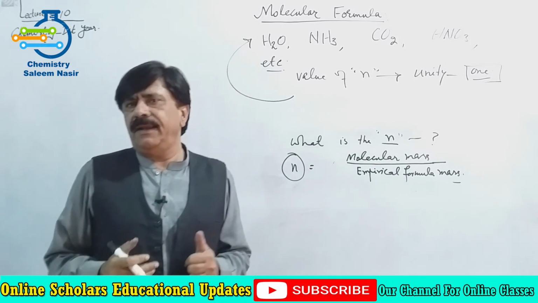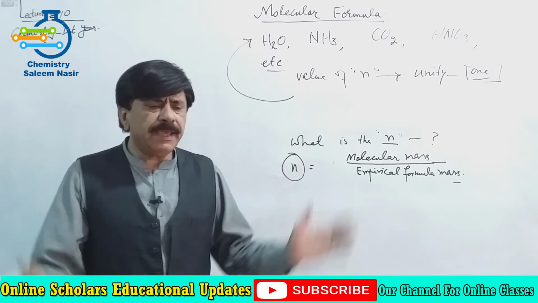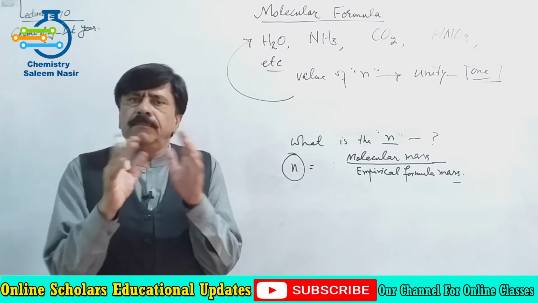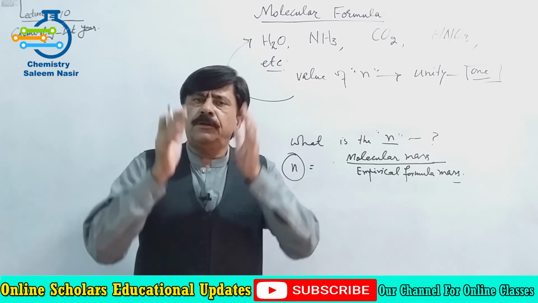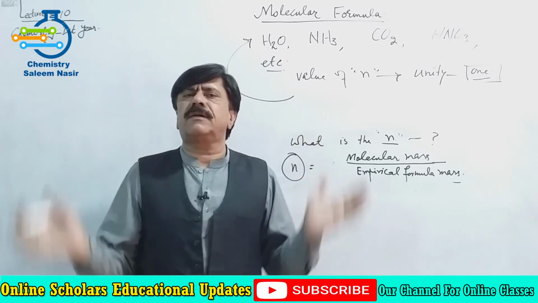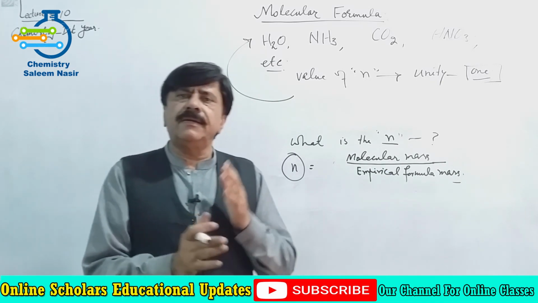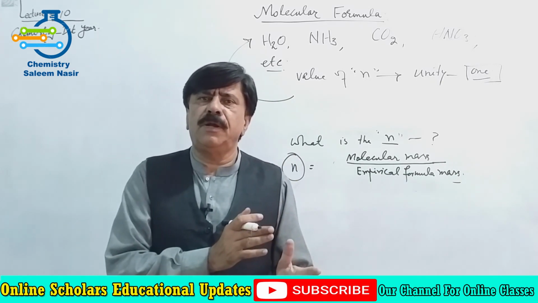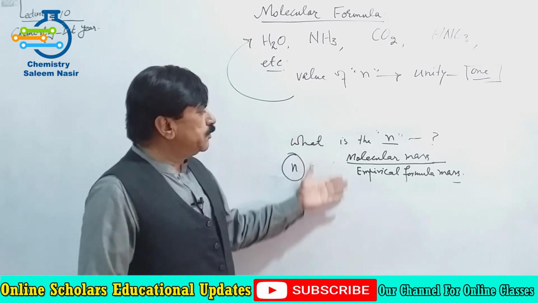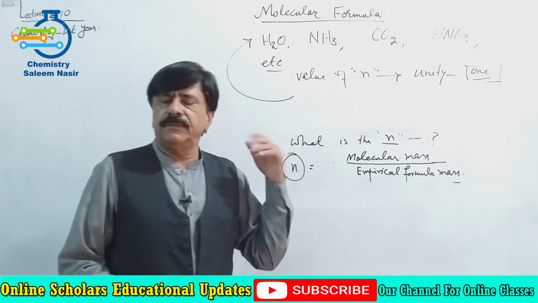Now we can say that we can imagine thousands and millions of compounds regarding the empirical and molecular formula by calculating that ratio, the value of n.